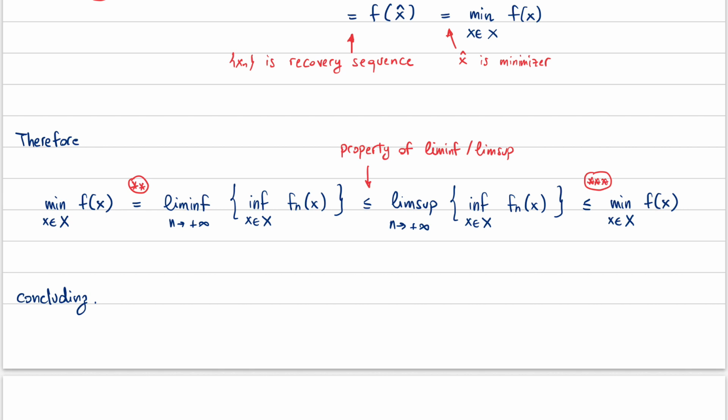And so this shows that lim inf is equal to lim sup, and it's equal to the minimum, concluding that inf over x in X of f_n is converging to the minimum over x in X of f, which was the thesis of point 2.